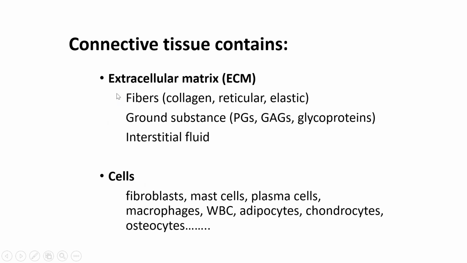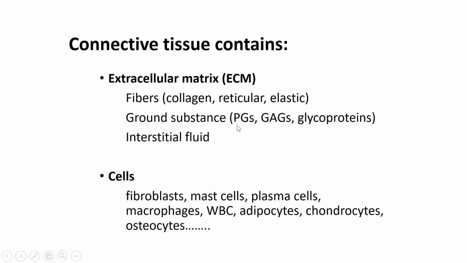So let's look at what we see in the matrix. We have fibers and we have something called ground substance. So fibers are going to be basically fibrous, long, thin proteins. They come in the form of collagen, reticular, and elastic fibers. And we'll talk about staining with those as well. Ground substance is more like a jelly-like material.